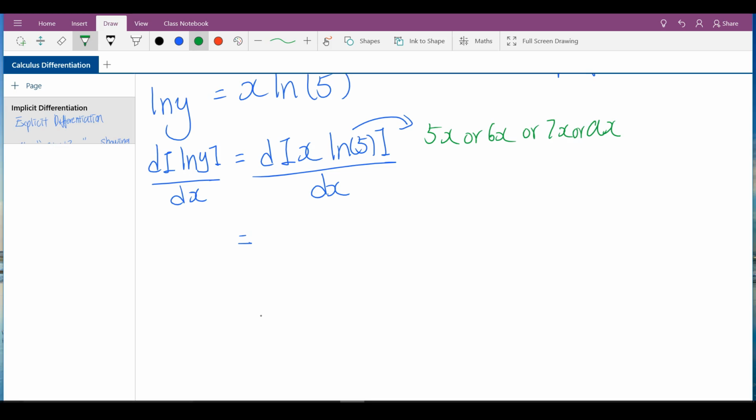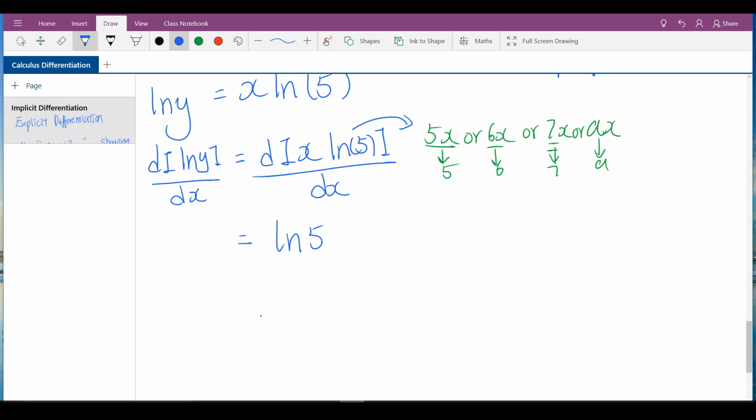Because ln 5 is a number. So what do you do when you're differentiating something like this? You get 5, you get 6, you get 7, right? Or you get just a. So in this case, the ln 5 is the number. So differentiating that, the right hand side will just give us ln 5. Right? Makes sense?